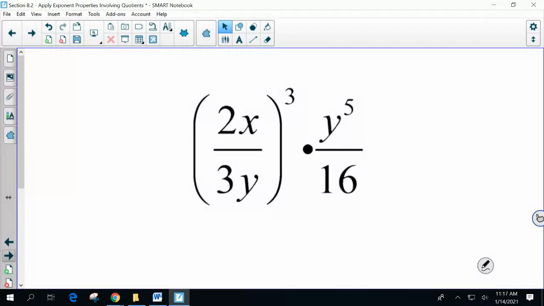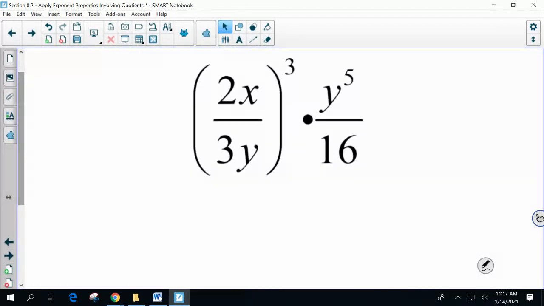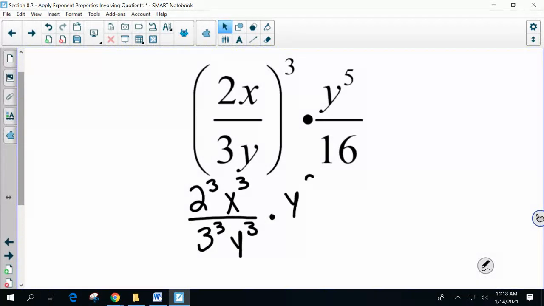Okay, last problem. Again, I have parentheses around the fraction on the left. I need to take care of that first. So I'm going to have 2 to the third, x to the third, over 3 to the third, y to the third, times y to the 5th, over 16.